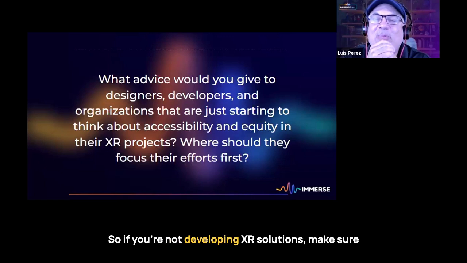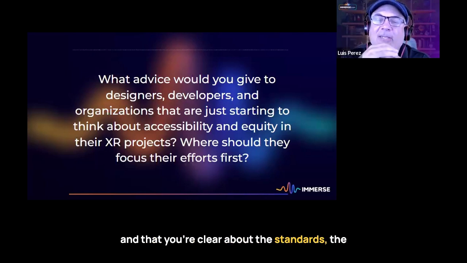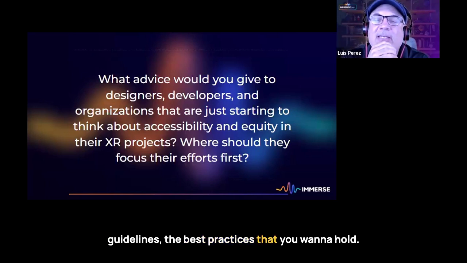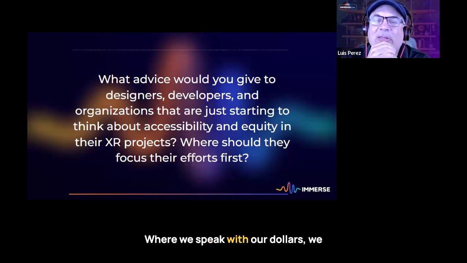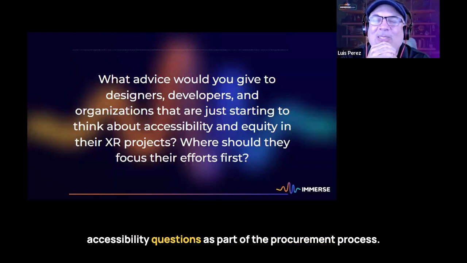So if you're not developing XR solutions, make sure that accessibility is part of your procurement policies and that you're clear about the standards, the guidelines, the best practices that you want to hold those you're purchasing from accountable to. Because ultimately, we want to pursue a market model for this, right? Where we speak with our dollars, we speak with our purchasing decisions. So all I can say is yes, make sure that there are accessibility questions as part of the procurement process.